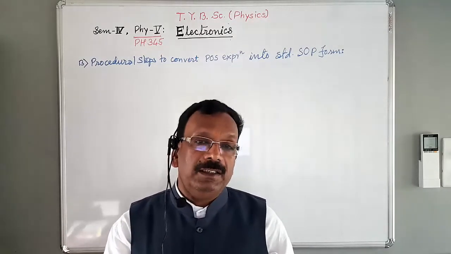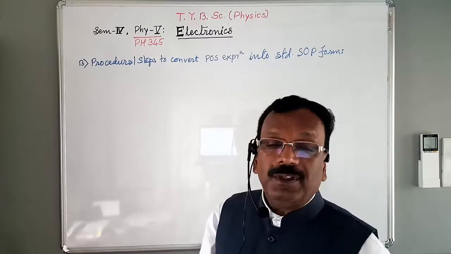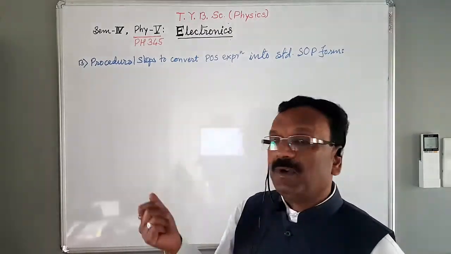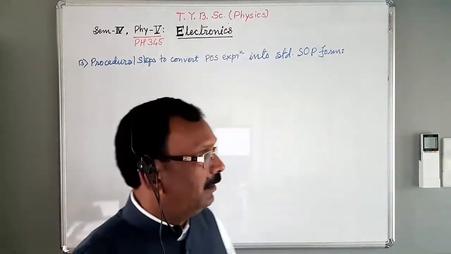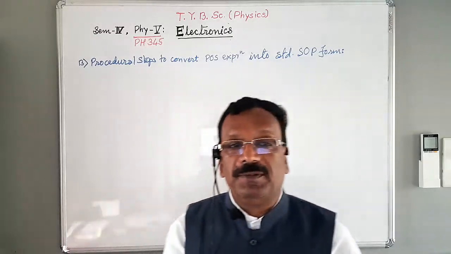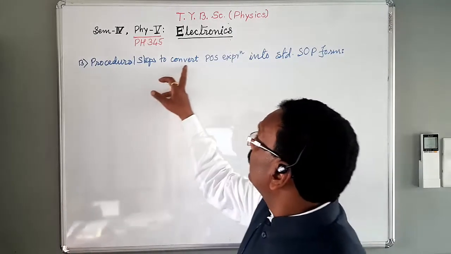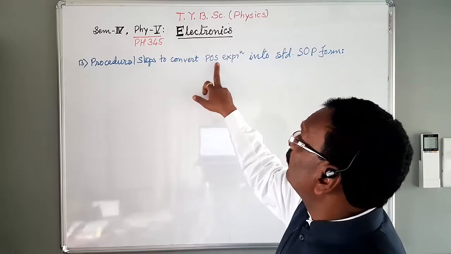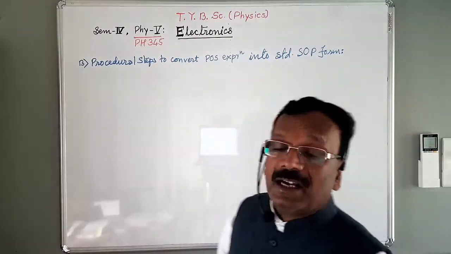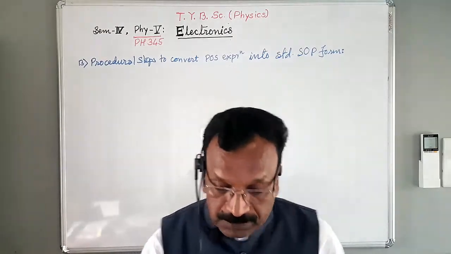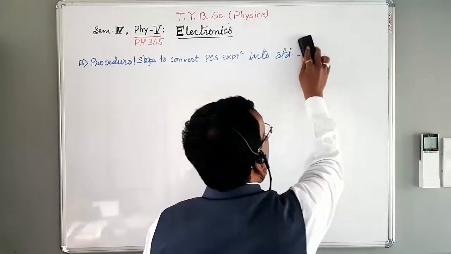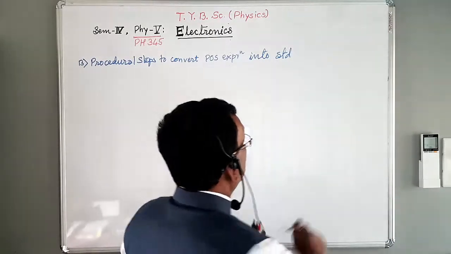Now in this lecture we are going to see the second part of this article, that is the procedural steps to convert product of sum expression into standard product of sum, or standard POS form.